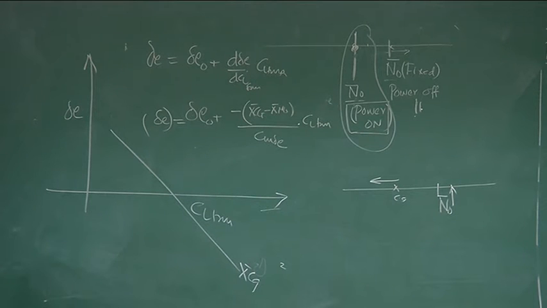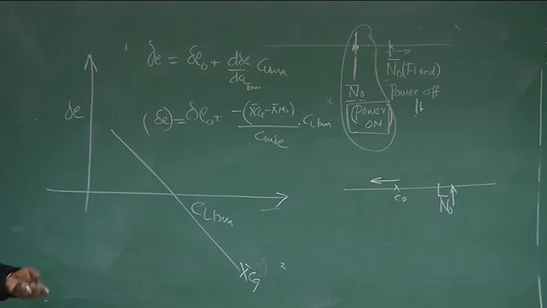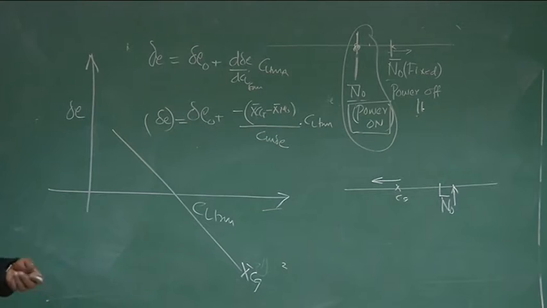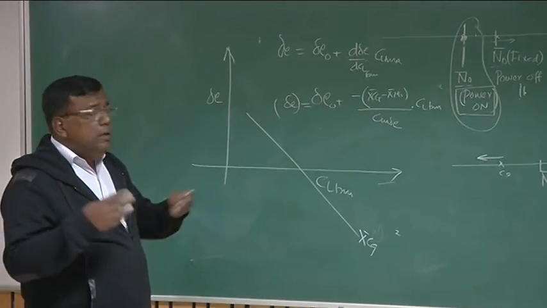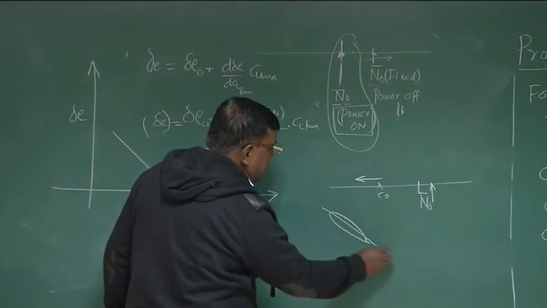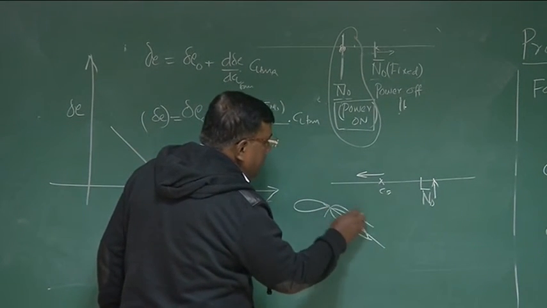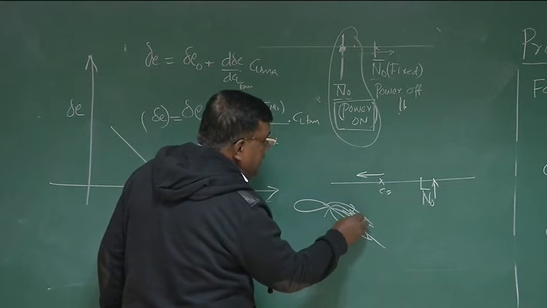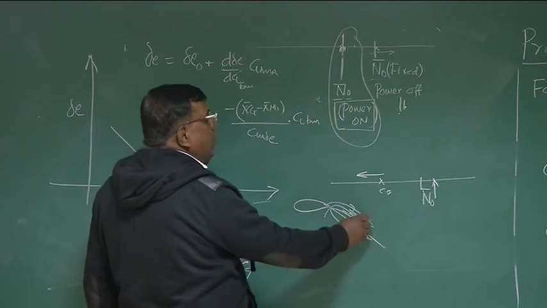Right? And there will be a limit beyond which you may not have a realistic delta E available, because delta E also has a maximum value of deflection, maybe plus minus 25 degrees. Beyond that, the flow will stall over the deflection. This is the elevator, let's say. So beyond 15 degrees or beyond 25 degrees, depending upon what sort of elevator you are using, the flow may separate.